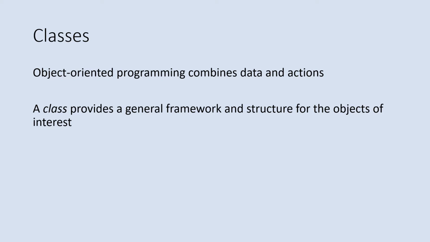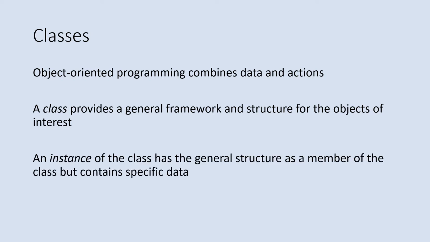The class just provides a general framework and structure for the objects that we will be using. An instance is a specific member of the class. It has, again, the general structure of the class, but specific data to that instance.